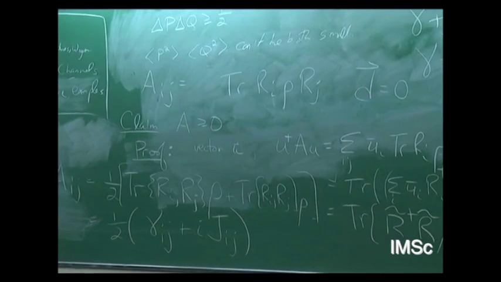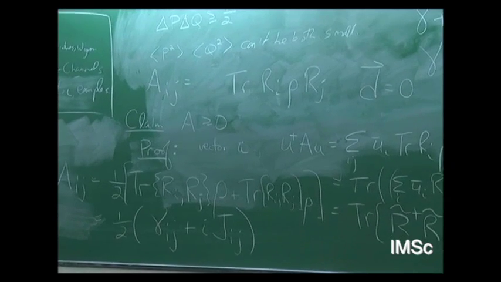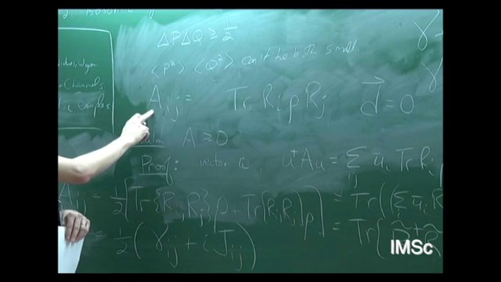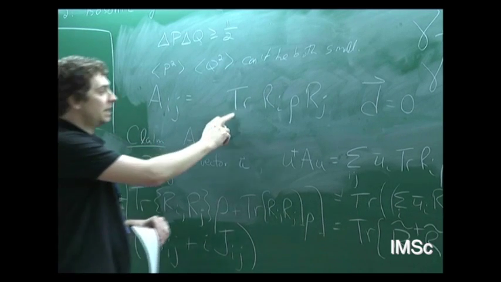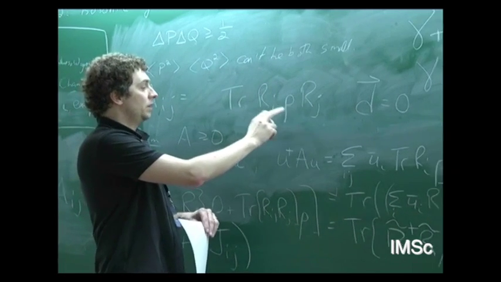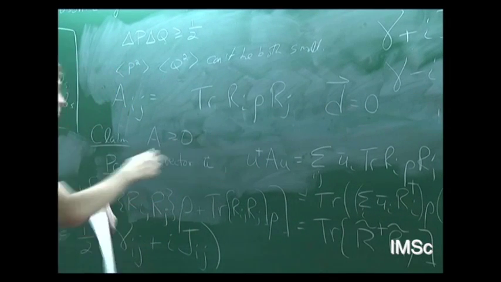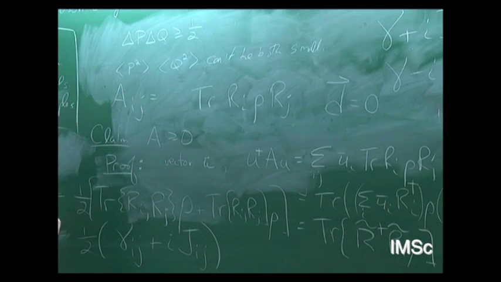And I realize I probably should have used indices k and l now, because j sub ij sounds kind of strange. Okay, so we define this a sub ij as just the expectation, with respect to rho, of Ri Rj. And we want to show that this thing is positive semi-definite.